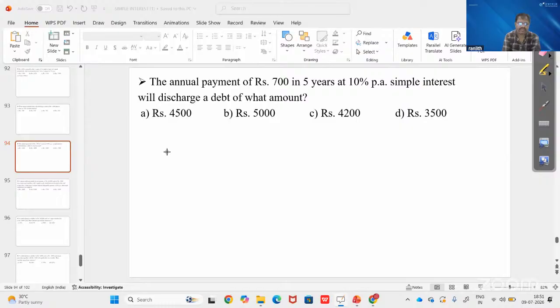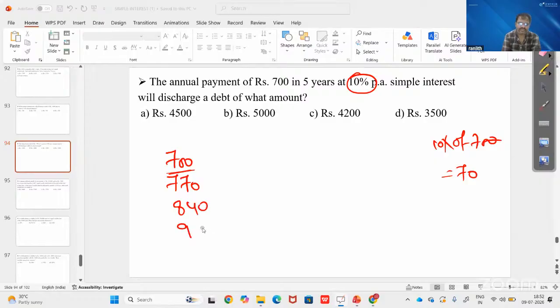So the initial amount will be 700. What is the rate of interest per annum? 10 percent. What is 10% of 700? 10% of 700, the percentage is cancelled, is 70. So initially 700, next will be 770, we need to add 70 to 770, that will be 840, and the next will be 910, and finally it will be 980.